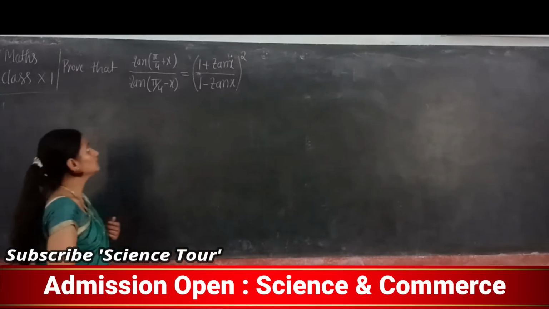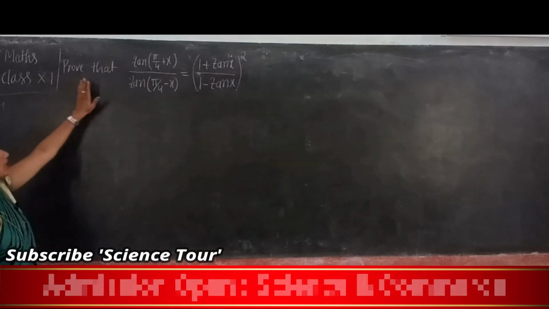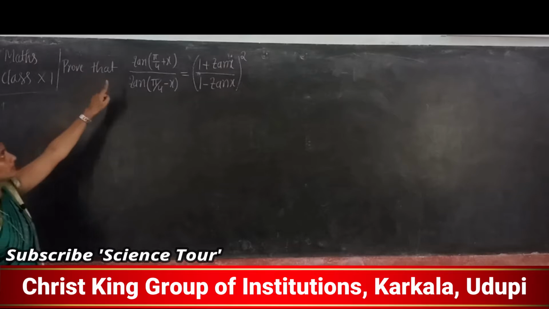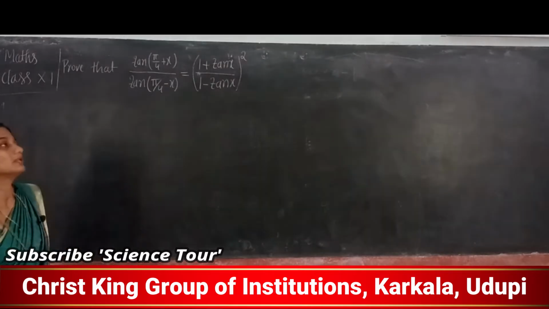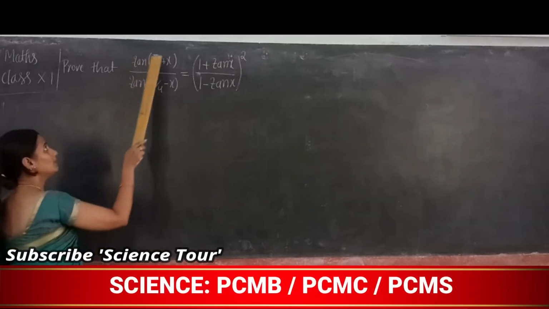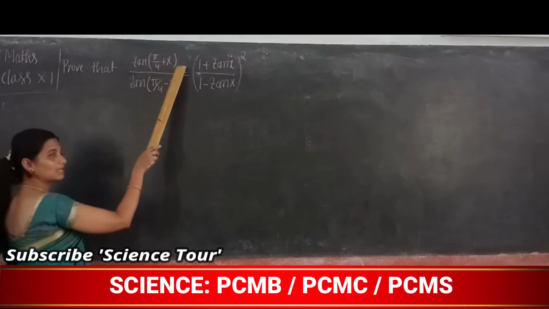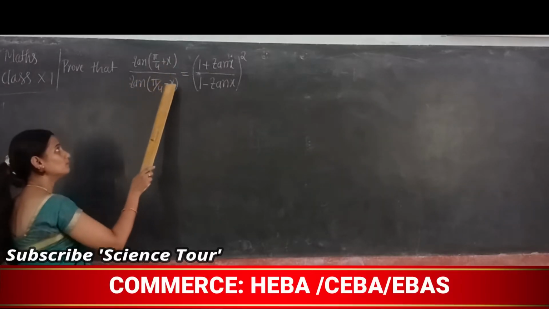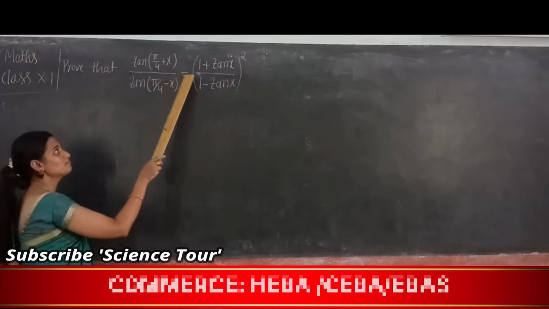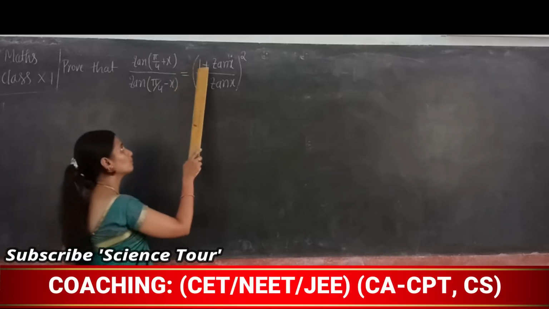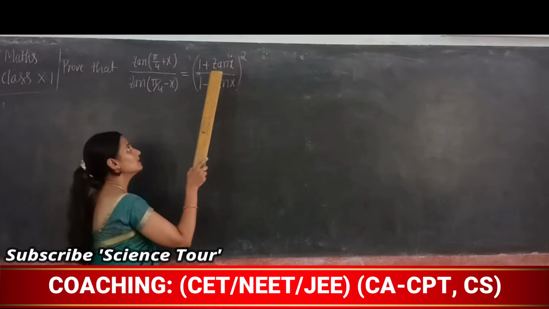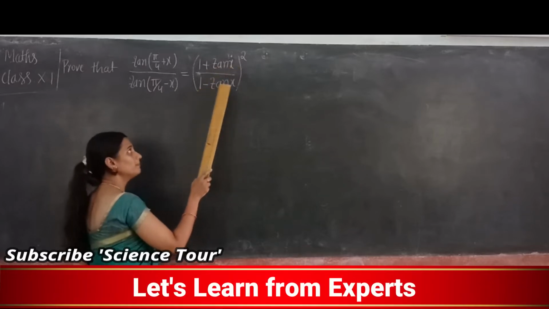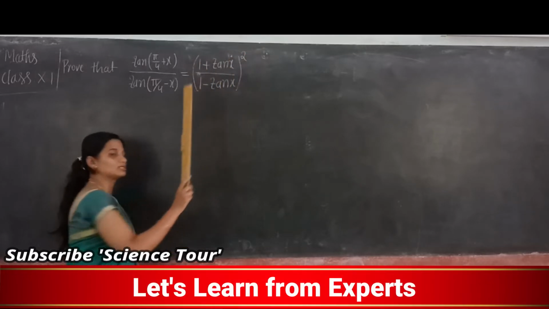Now the next question is prove that tan of pi by 4 plus x divided by tan of pi by 4 minus x is equal to (1 plus tan x divided by 1 minus tan x) whole square.